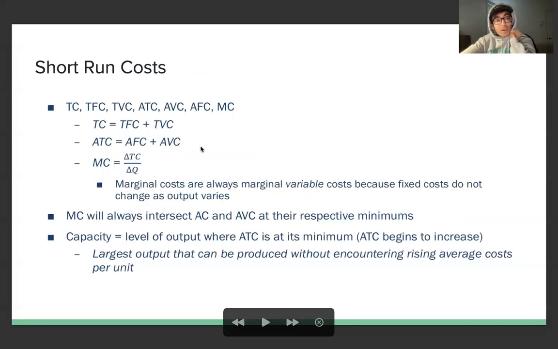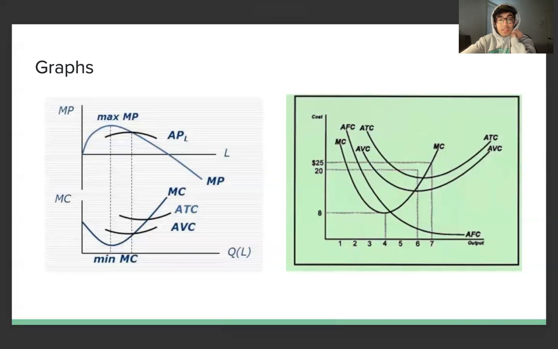Okay, so let's look at the curves. As we said, marginal product intersects average product at its maximum.